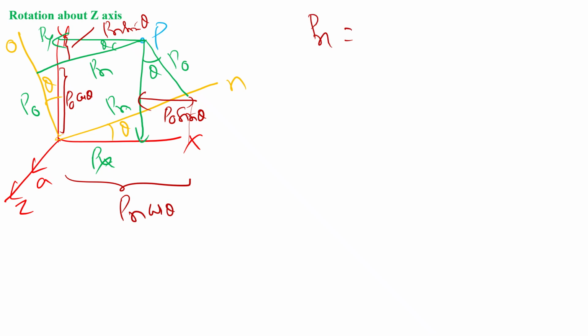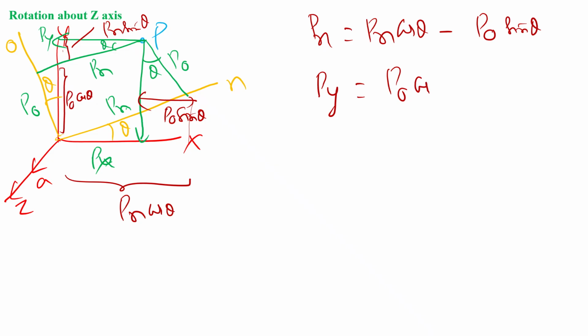So let's do this. What is Px? Where is Px? In order to find Px, we have to subtract this. So Pn cos theta minus Po sin theta. What is your Py? Py equals, you have to add, Po cos theta plus Pn sin theta. Then Pz equals Pa.